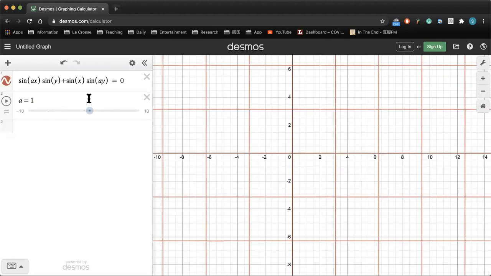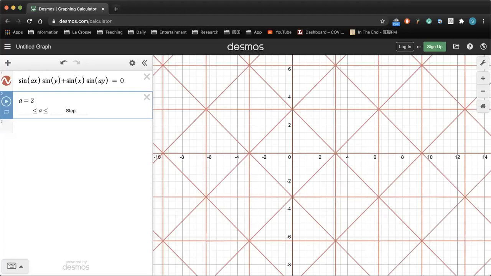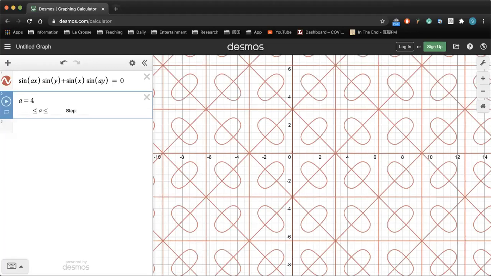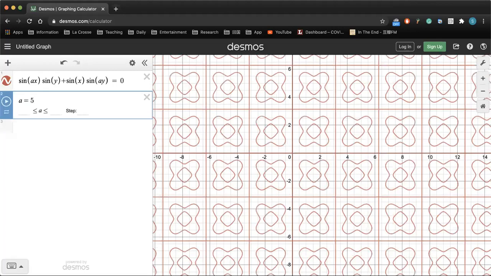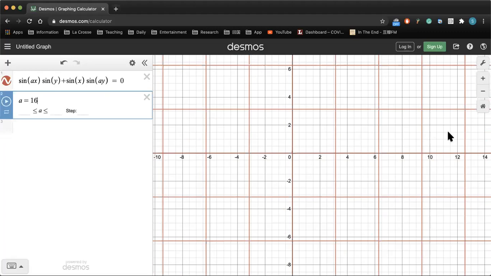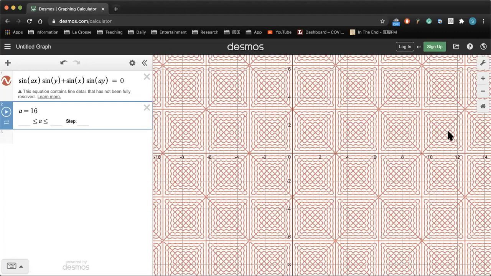Not so interesting. a equals 2, 3, 4, 5, 6. Okay, let's try 16. That's actually another source of designing of a lot of architectures and arts.